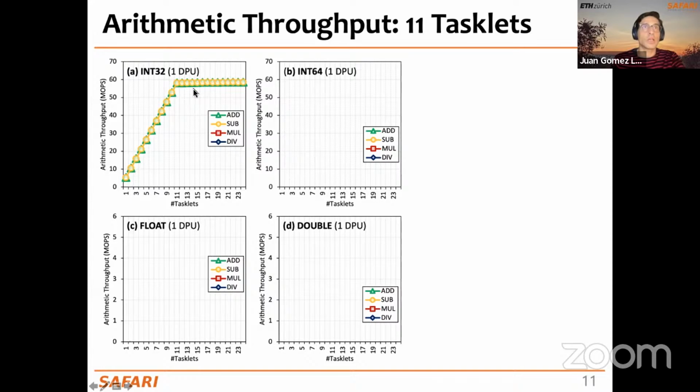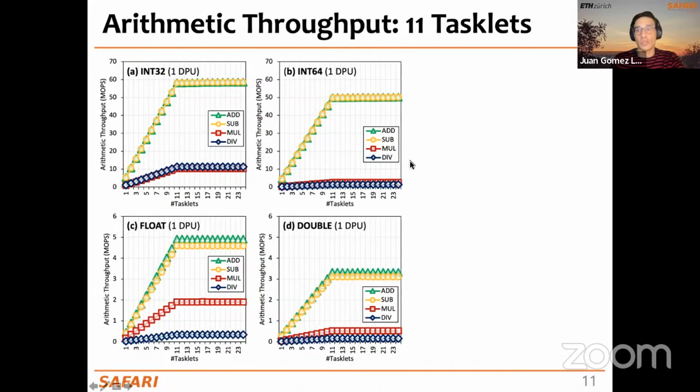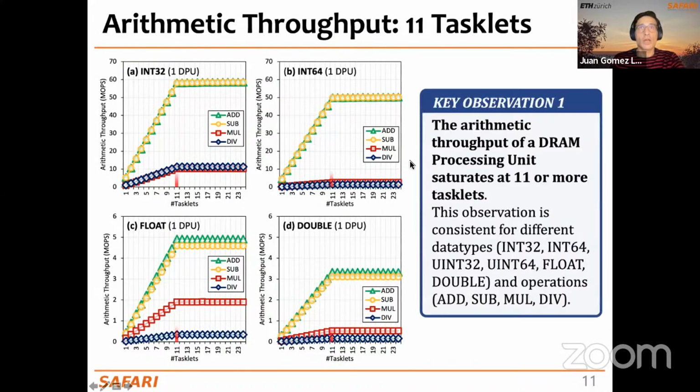Observe as well that in these two curves we have the results for addition and subtraction for 32-bit integers on one DPU. These are the results for multiplication and division, and these are the results for different data types. One key observation is that the saturation point is always at 11 tasklets.